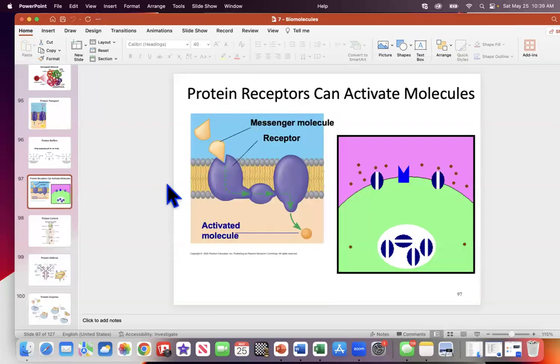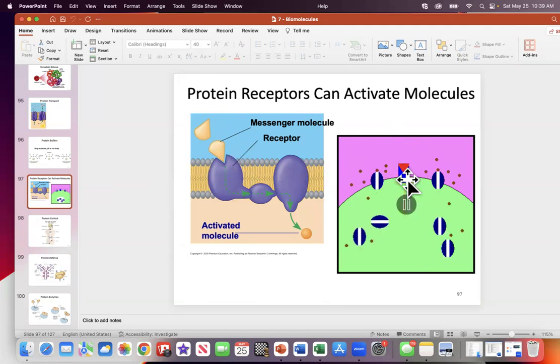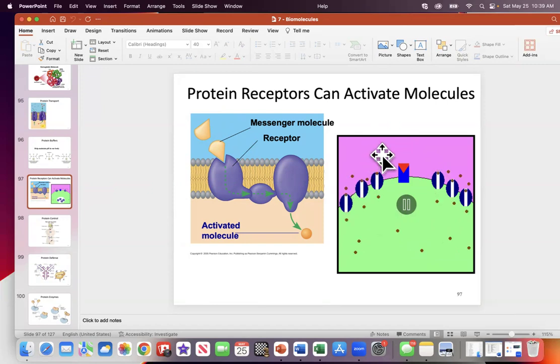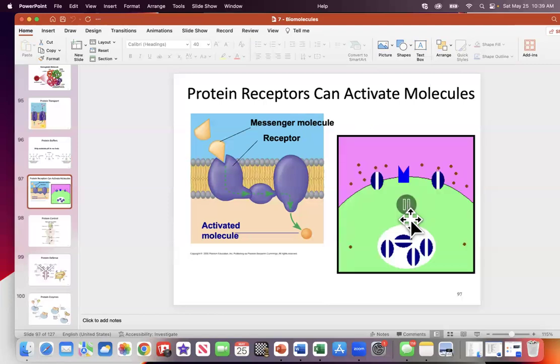And some proteins can work as receptors. Receptor is on the cell membrane. So the signals, like the hormones, need to bind with the receptor. Like insulin's job is to bind with the insulin receptor. And once they bind with the insulin receptor, its function will put more glucose carriers. Glucose could not directly go through the cell membrane. So glucose has to go through the glucose carrier in order to go into the cell.